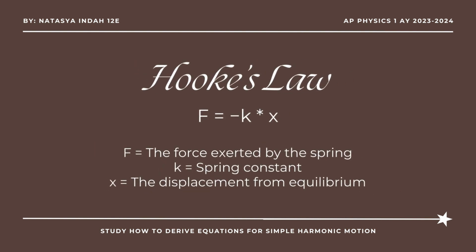The other law we use is Hooke's law, where F is equal to negative k times x. Here, F is the force exerted by the spring, or the restoring force, k is the spring constant, and x is the displacement from equilibrium.